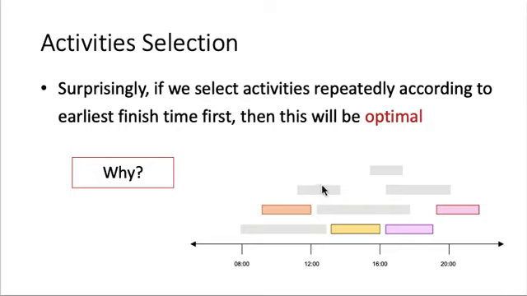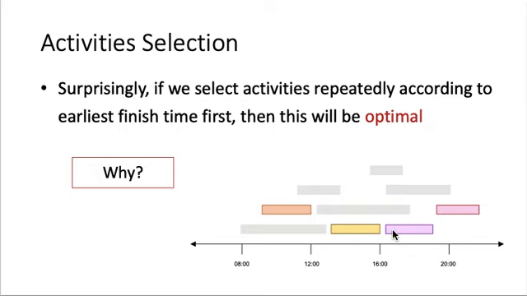After that, we take out the activities that overlap with it because they can no longer be selected. And among the remaining, we will pick one that has the earliest finishing time, so we will pick this one. After this, we will cancel this one because they can no longer be selected. And among the remaining, we will pick this one. And finally, we will pick this one. So this is the earliest finish time first choice.